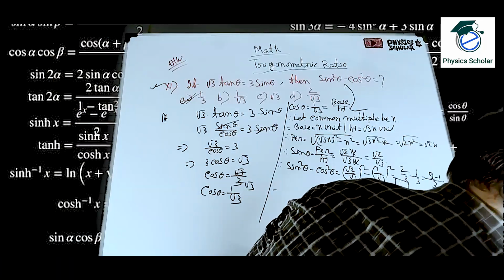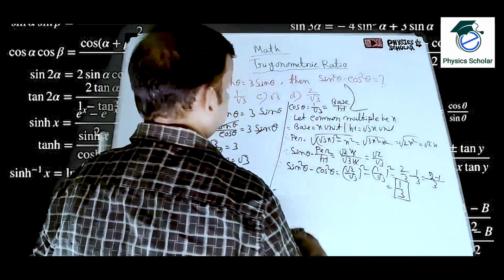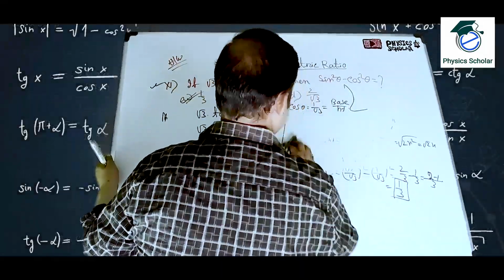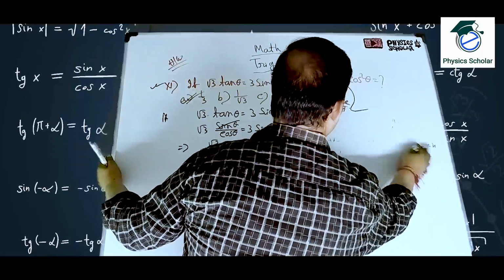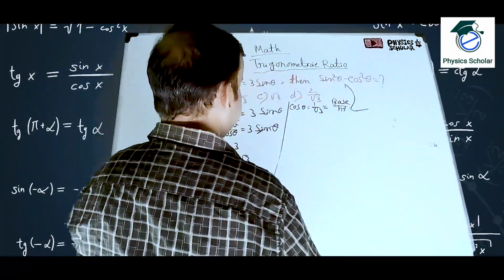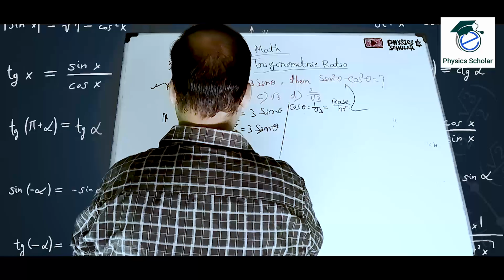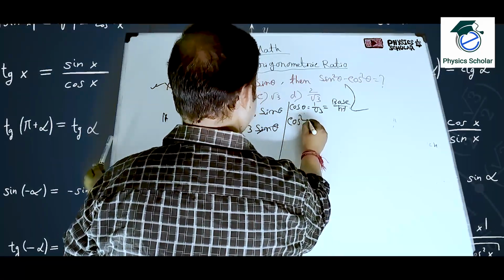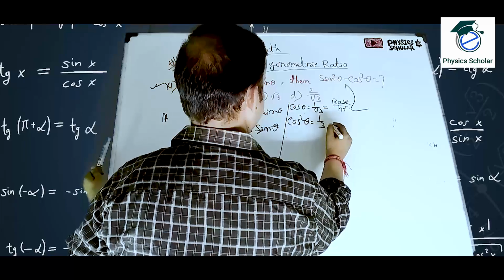And also you can find the value of sin theta by using the formula, after finding the value of cos theta, clear? What is cos theta? 1 by root 3. So what will be then cos square theta? Cos square theta is equal to 1 by 3.